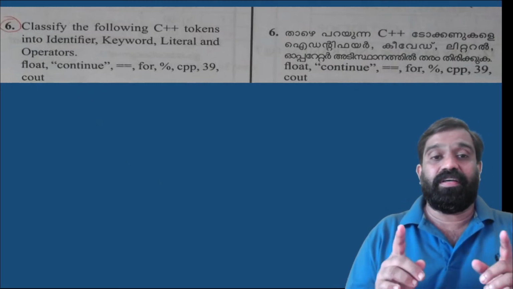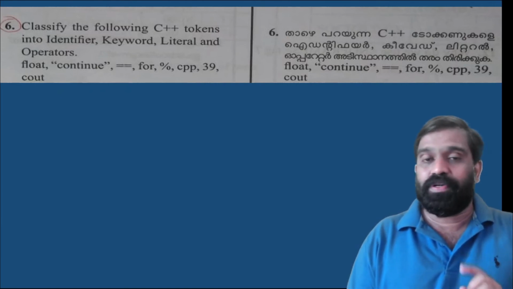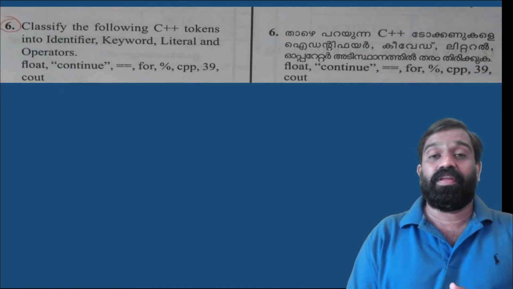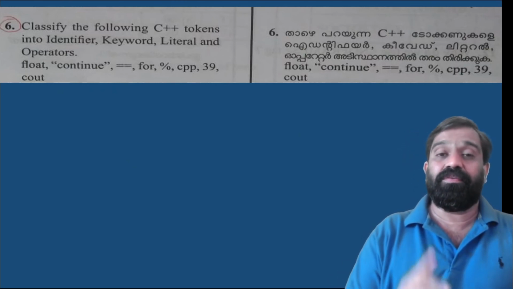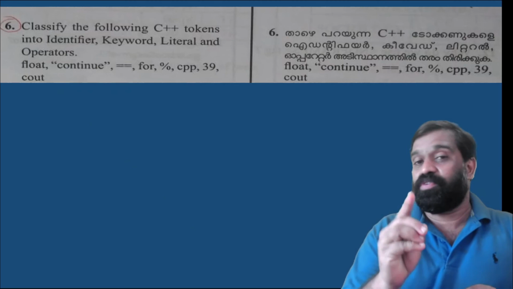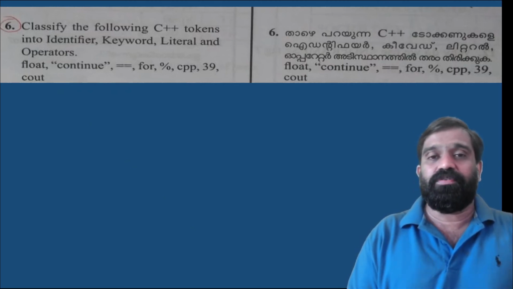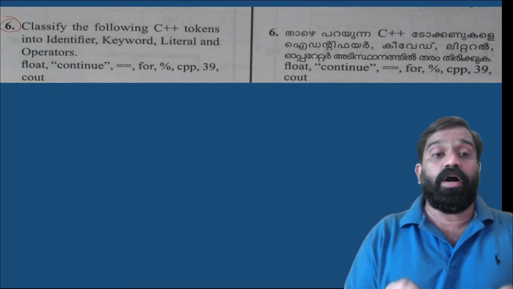The equality operator, that is a comparison operator. For is the for loop, that is nothing but a keyword. Modulus operator, that is an operator. cpp, that is nothing but an identifier. 39, that is nothing but a constant, that is a literal. And cout, it is a little bit innovative. cout is nothing but an identifier by which we are identifying the output device.